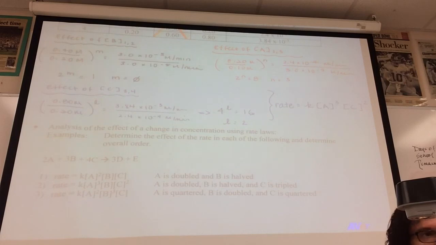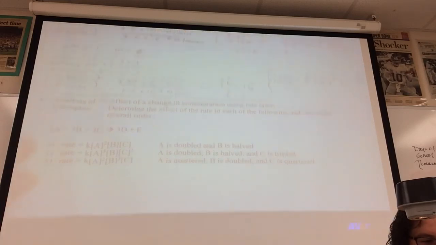I'm going to give you a crazy hard one to do. You wouldn't see anything so difficult on a quiz, but I feel like if you can do the crazy hard one, you can do anything. Before we do the crazy hard one, I want to show you how to analyze these more complex rate laws. We talked about simple analysis with rate laws when we learned them at the very beginning.